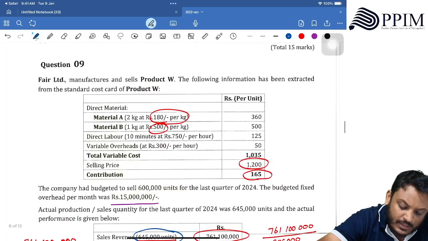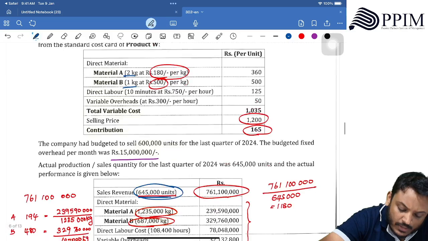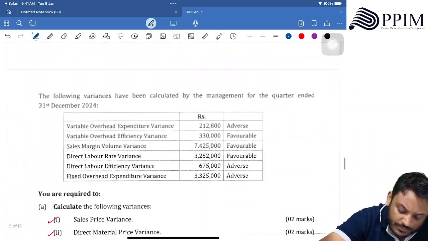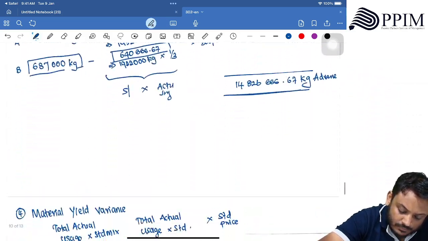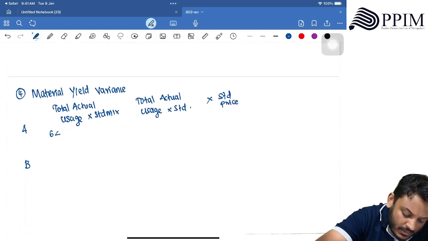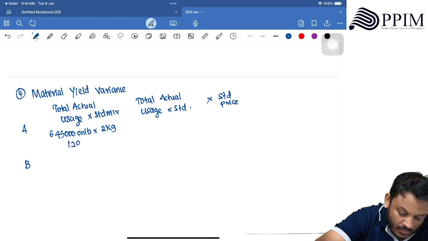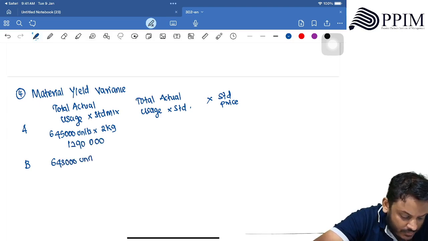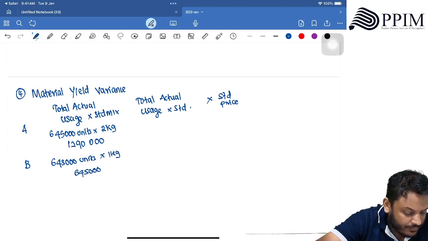And if you take the standard 2 kilograms and 1 kilogram, let's take that first. 645,000 units into 2 kilograms, 1,290,000. 645,000 units into 1 kilogram, that is 645,000.